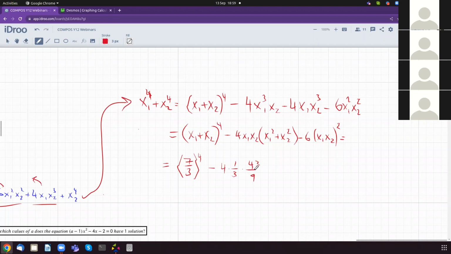You could do it another way, Abhishek, what you're saying, but it's not easier. Minus 6 multiplied by 1/3 squared, so multiplied by 1/9. And 7 to the power 4, that's 49 times 49.